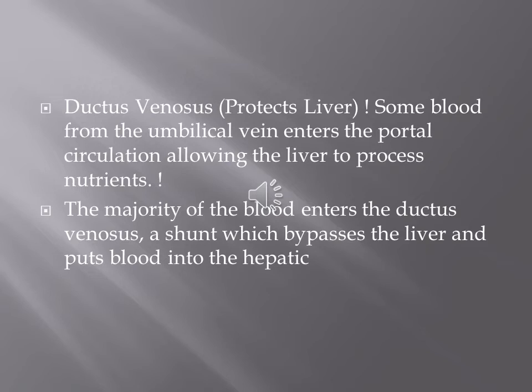The fetal liver is functioning. Some proteins are synthesized. And when the blood reaches the portal circulation, other blood will go through the ductus venosus. It will bypass the liver, so it will protect the liver from the high pressures coming with the circulation.